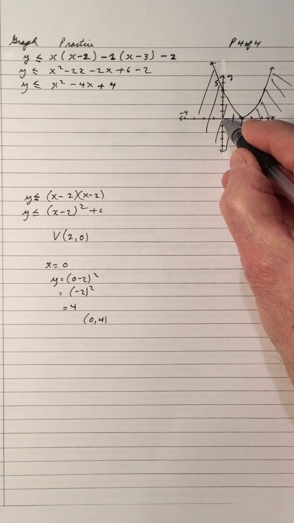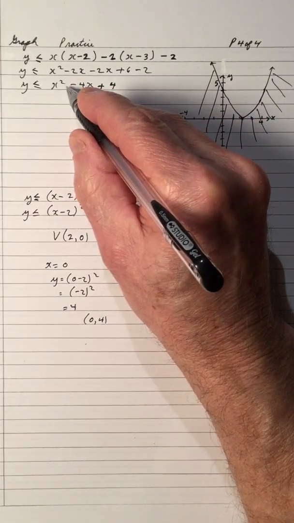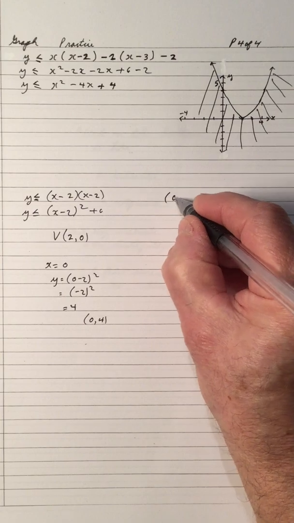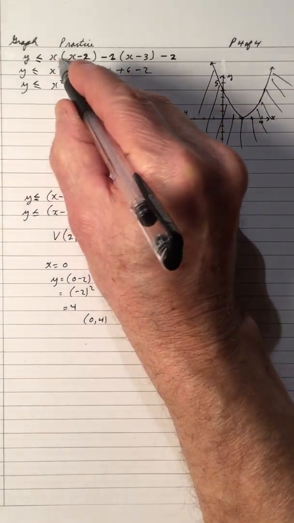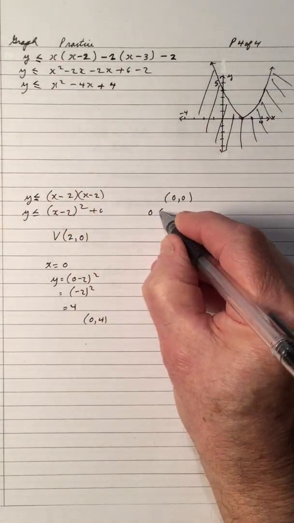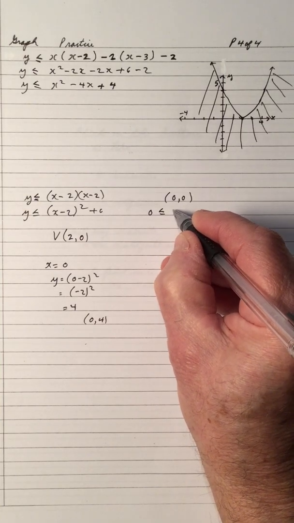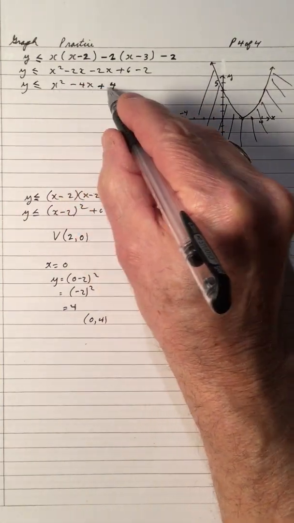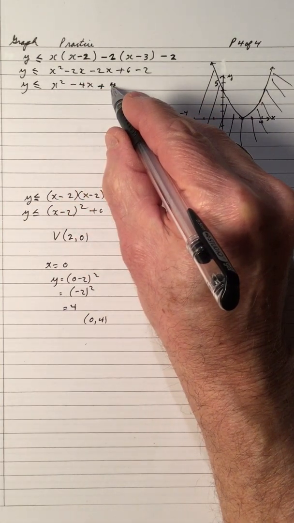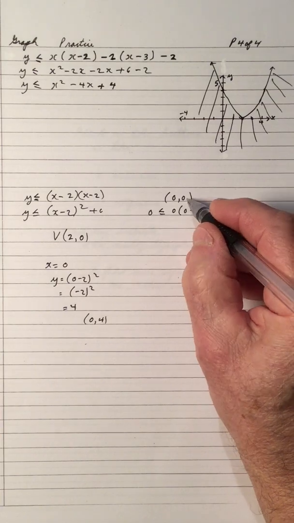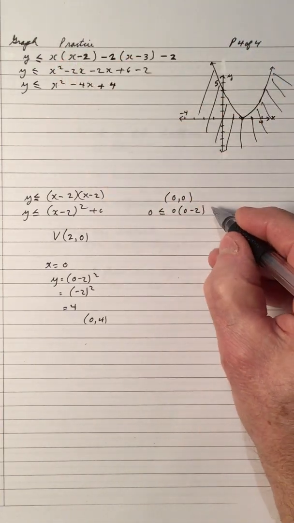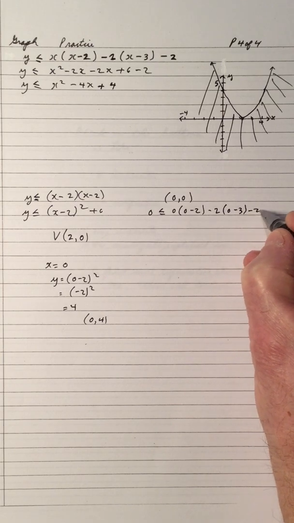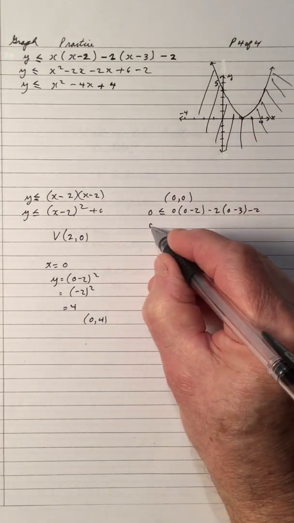So again, we take (0, 0) and plug it into this inequality, into the initial one: 0 less than or equal to. Why am I subbing it into the initial one? I could have made a mistake coming up with this equation. So if I did, taking this point and subbing it in here would give me more justification for why this is shaded correctly.